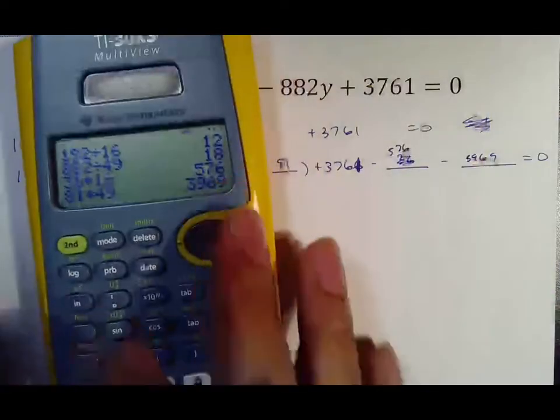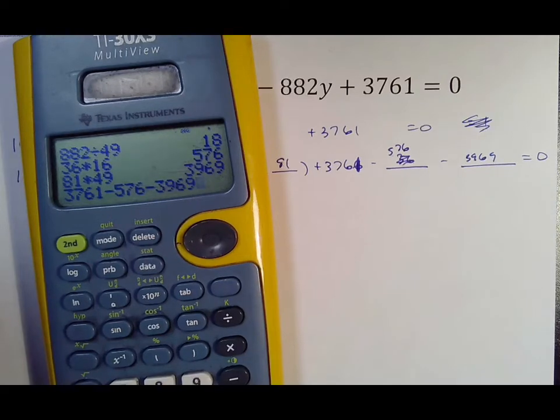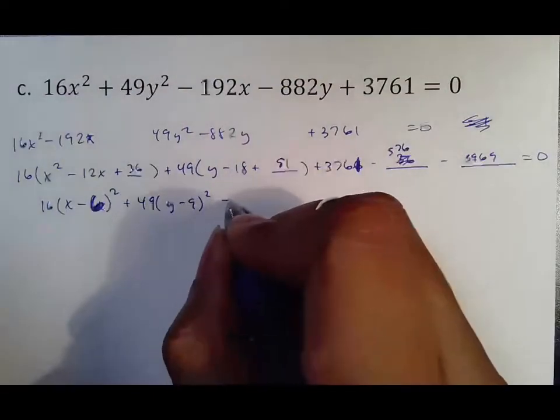In the end, we type this in and get 3761 minus 576 minus 3969 equals negative 784.